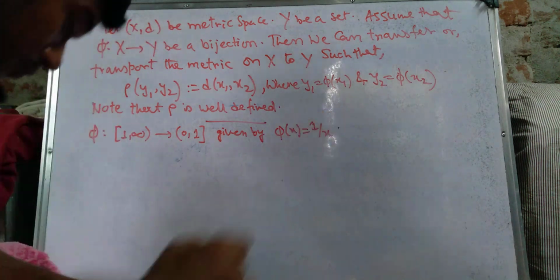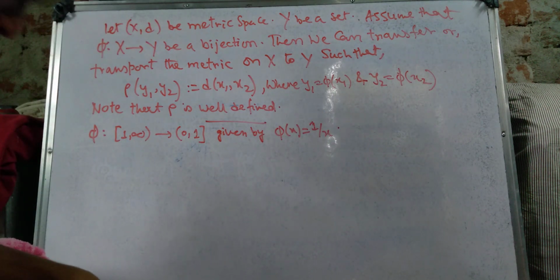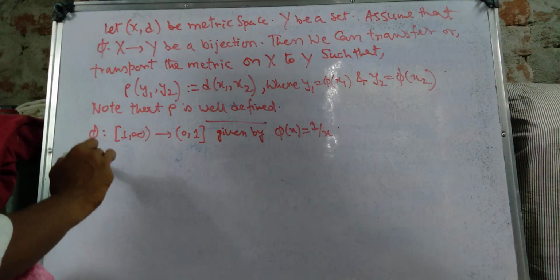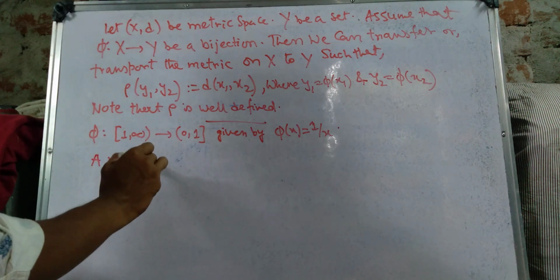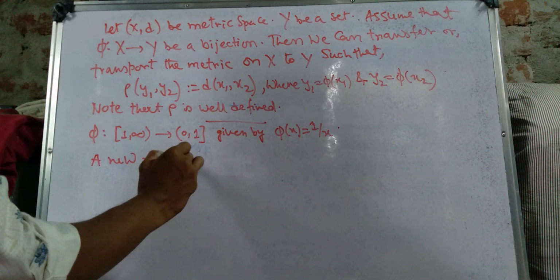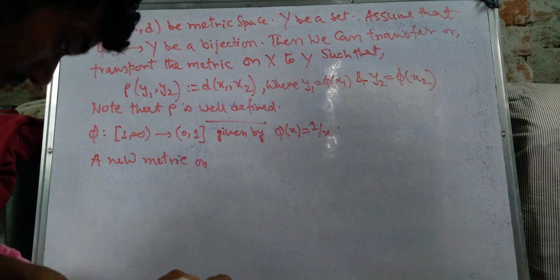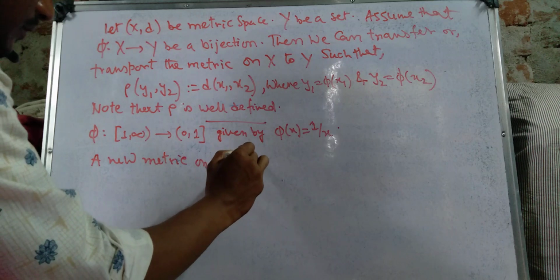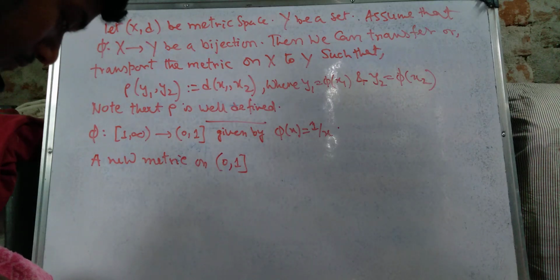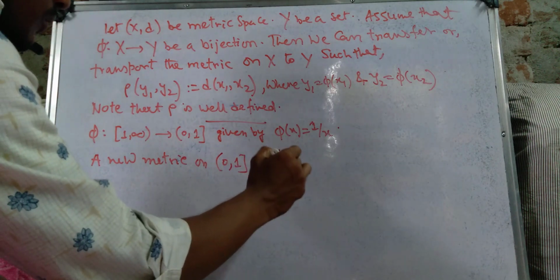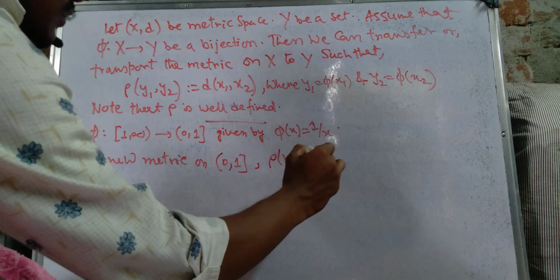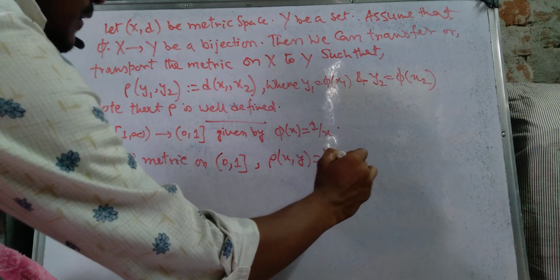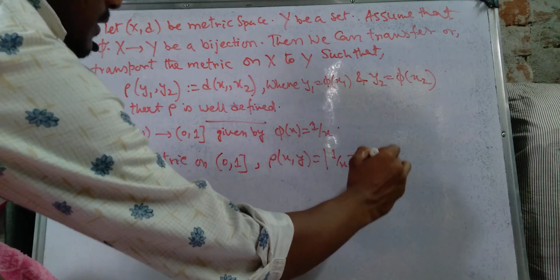Then a new metric on (0, 1) by setting rho(x, y) equal to 1 by x minus 1 by y.